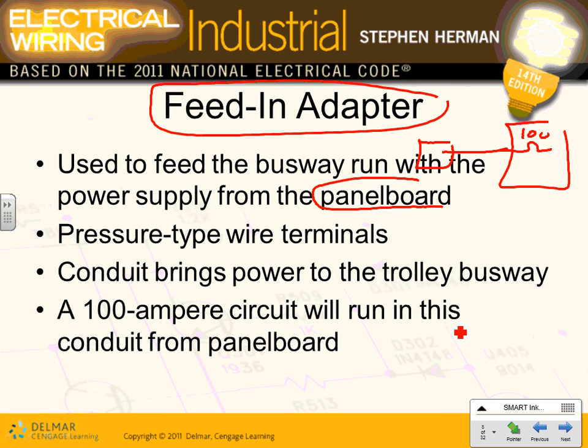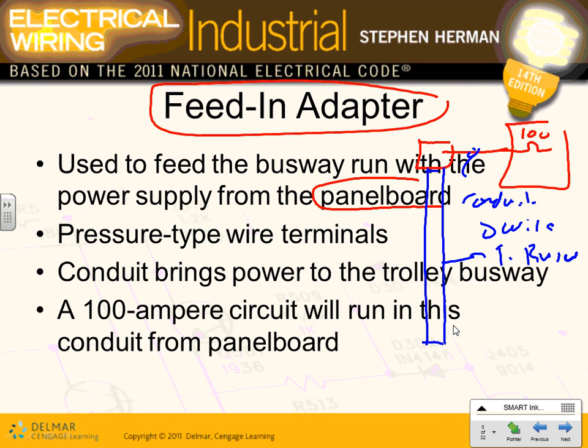This is my feed-in adapter. And from right in here, I put my trolley busway. Up to this point, that will be a conduit and wire. And this will be the trolley busway. Does that make sense? How they bring a feeder into a junction box or so-called feed-in adapter and they feed the busway. You don't have to take the trolley busway all the way to the panel.